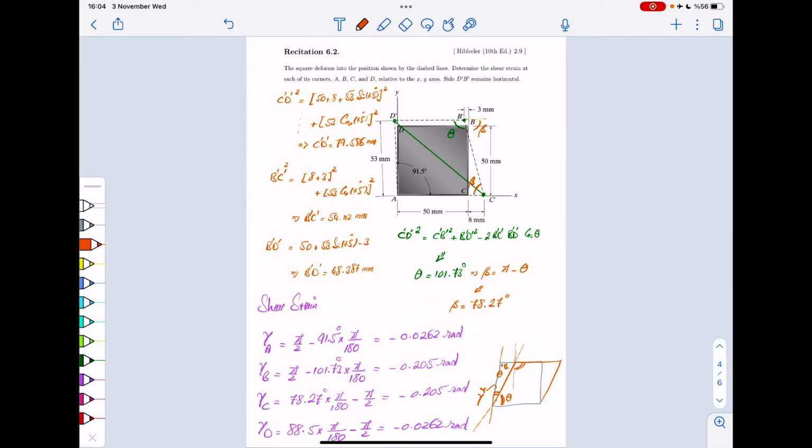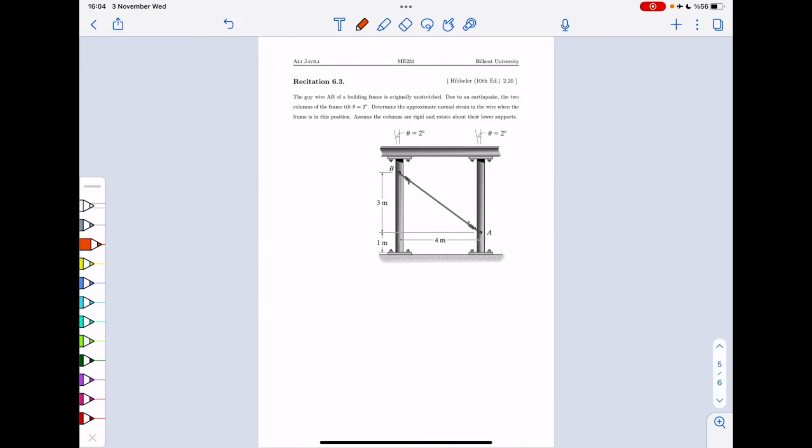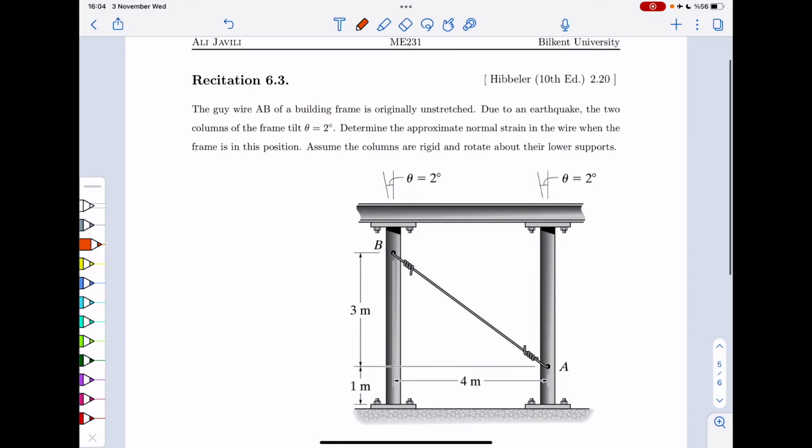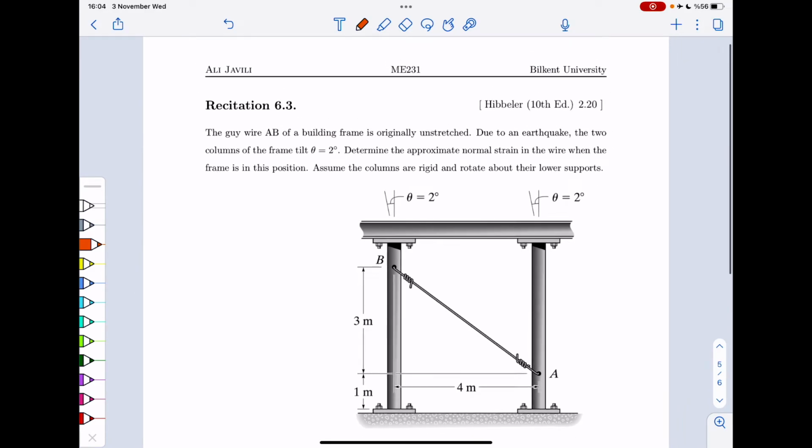Okay, so this was the second exercise. The third exercise is this one.